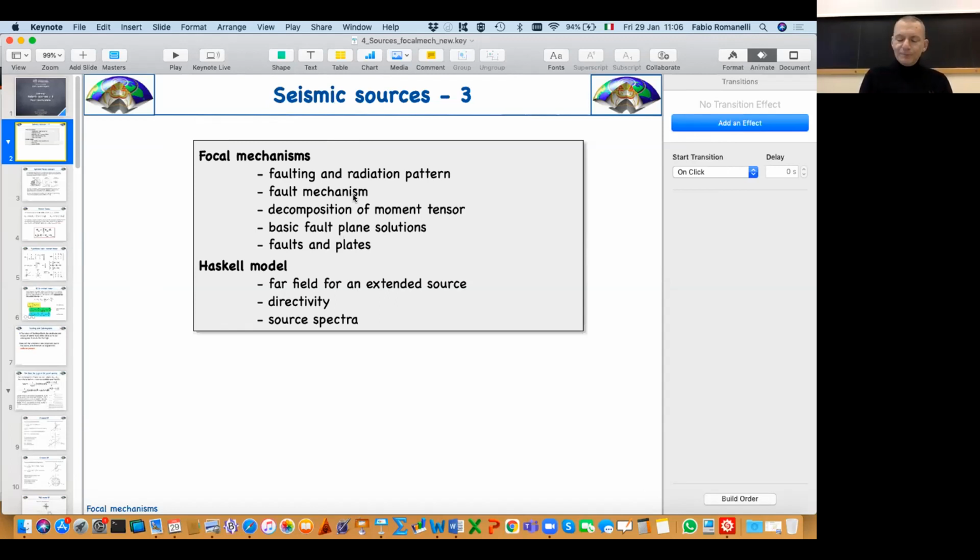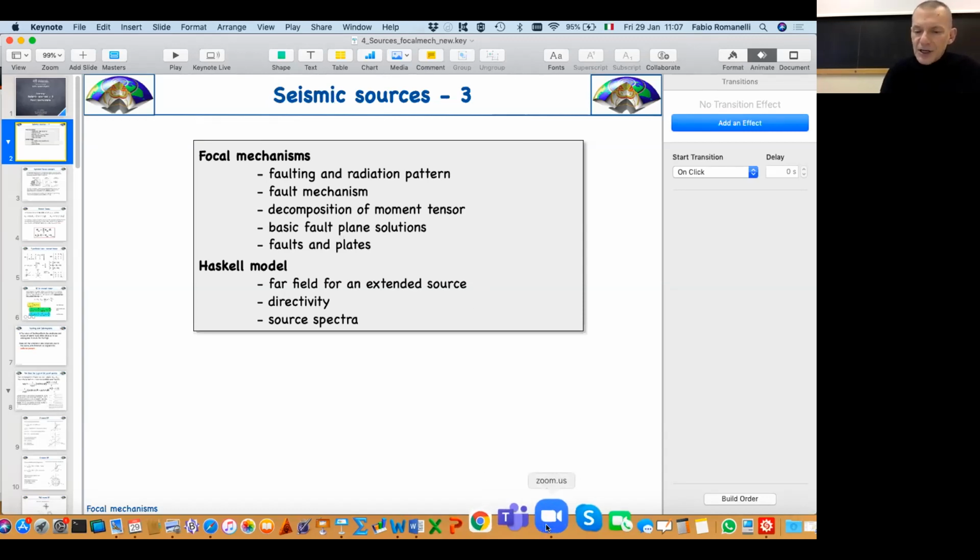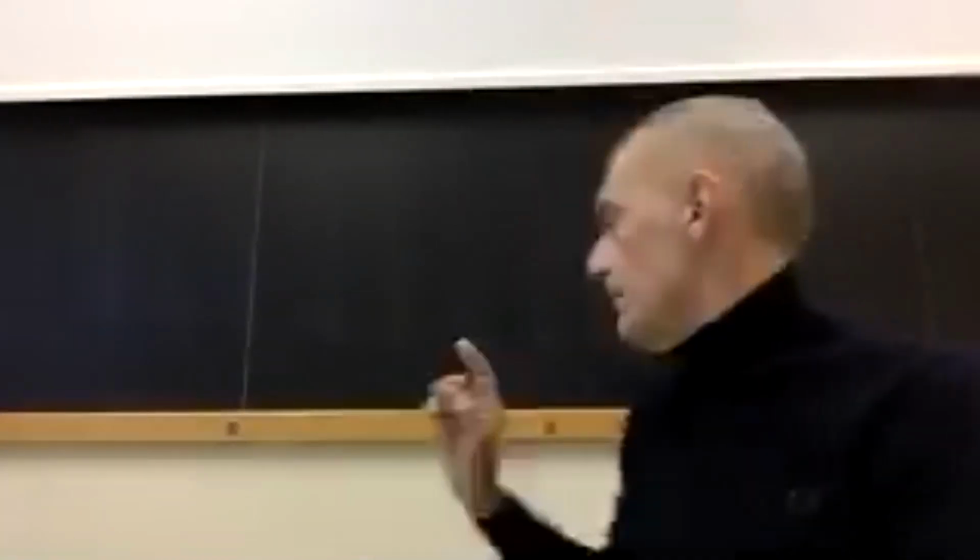Then later, but I don't think we will be able to do that today, so probably we will restart on Monday. We will make a step backward and go back again to the concept of an extended fault. And we will consider what is called the Haskell model. That is the simplest extended source model that we can imagine. Since we will not treat it, let me just make here a very quick sketch.